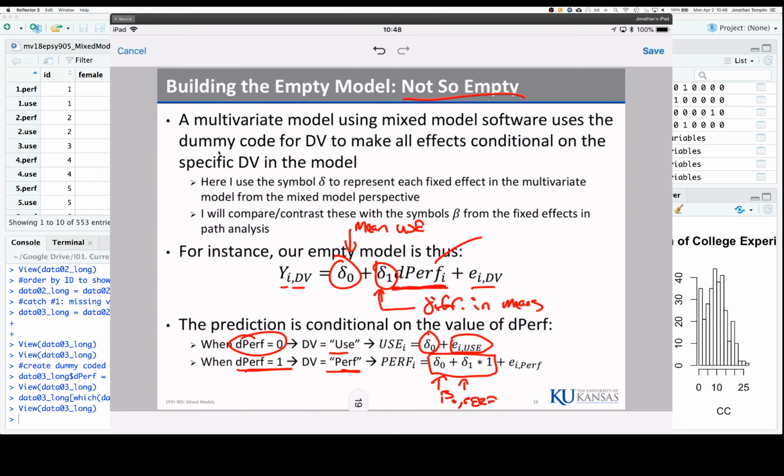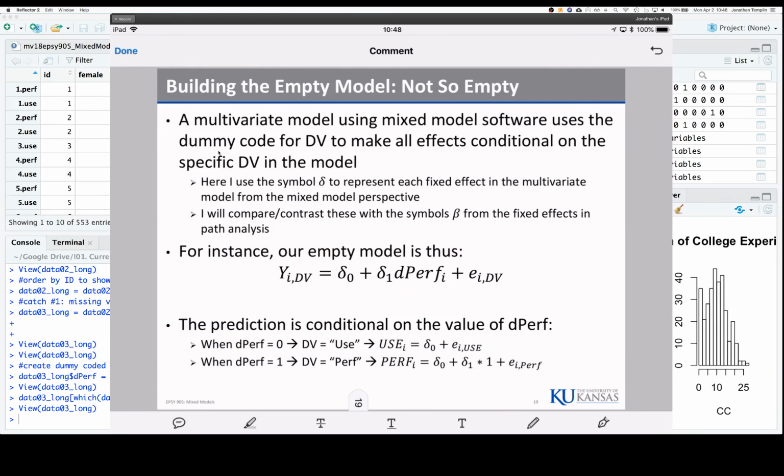Only now this dummy code represents the different variables in our analysis. When I first saw this, my mind was blown, so this might be a little bit out there for you, but hang on, let's take a look at the numbers and see what we can find. And if it's still out there, just rewatch this lecture. I can tell you that if I were in your shoes, or better yet, from my experience, I would have had to watch this lecture probably 5 times. This is a tough idea.